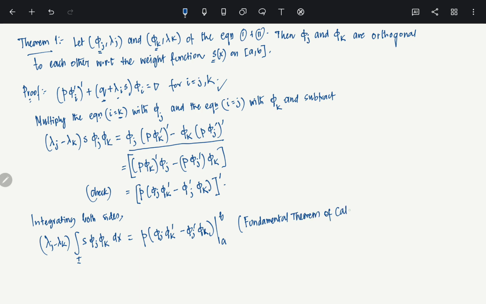Again, let me explain what is happening here. The integral of f prime from a to b is f of b minus f of a. This is what I am going to use here.